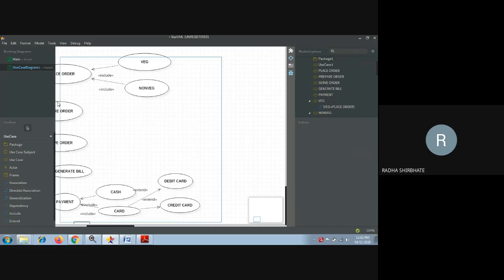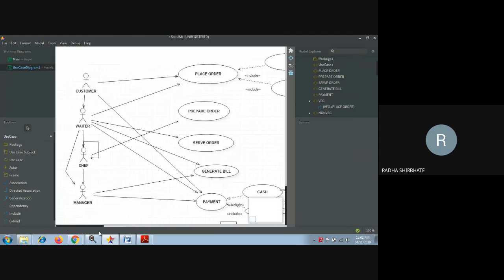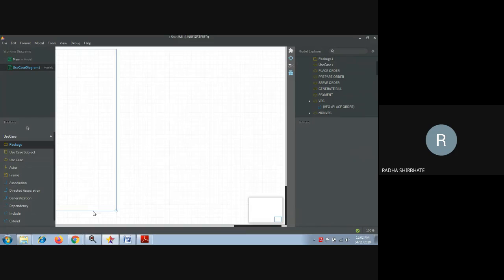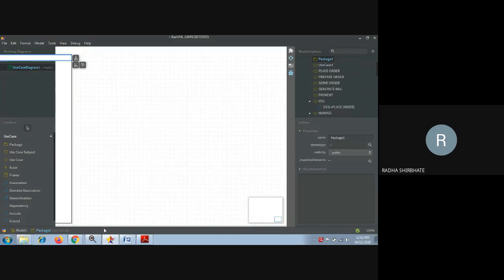Include this within the boundary. Likewise, we select the package and draw the complete diagram within it. So this is the way of drawing your use case diagram.